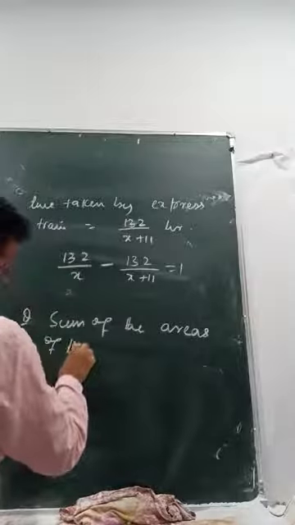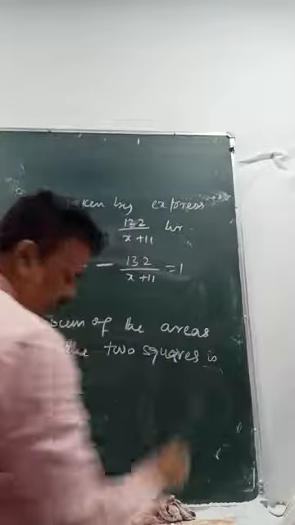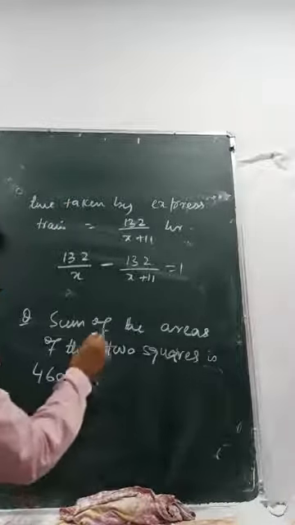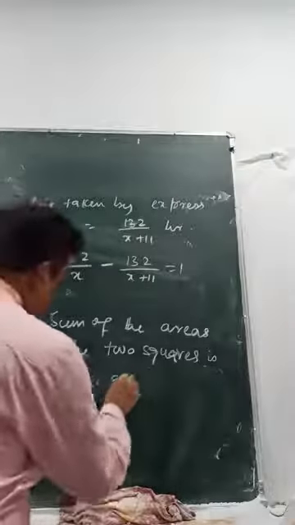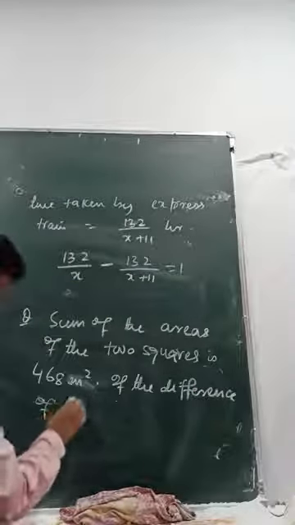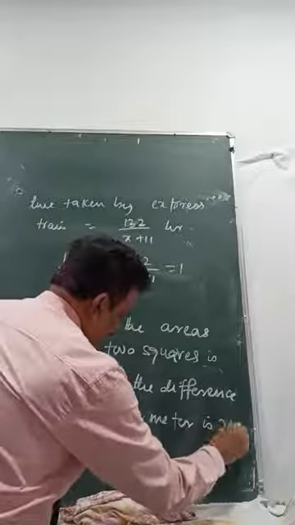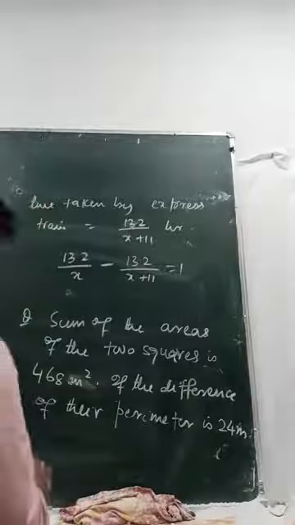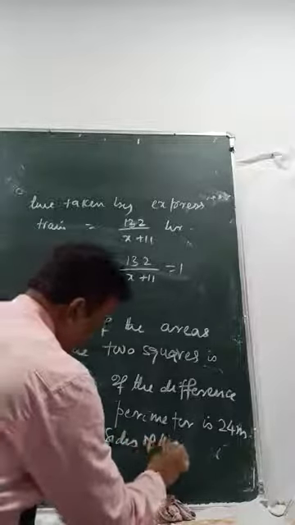Then if the difference of their perimeter is 24 meters, find the sides of the two squares.